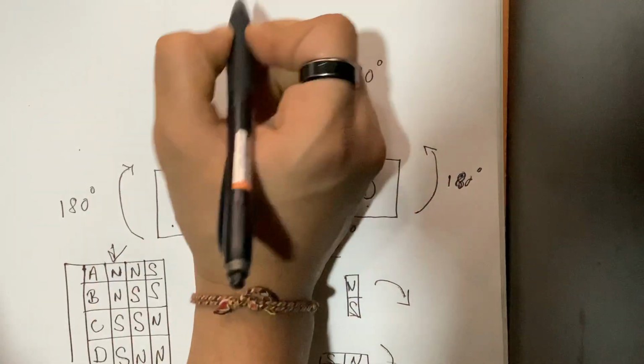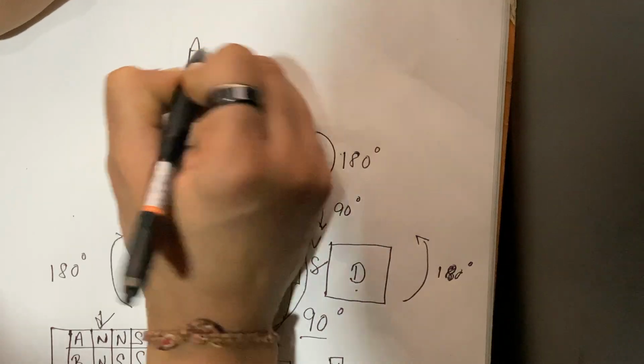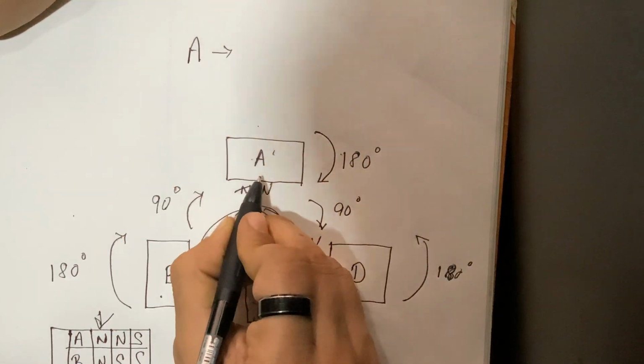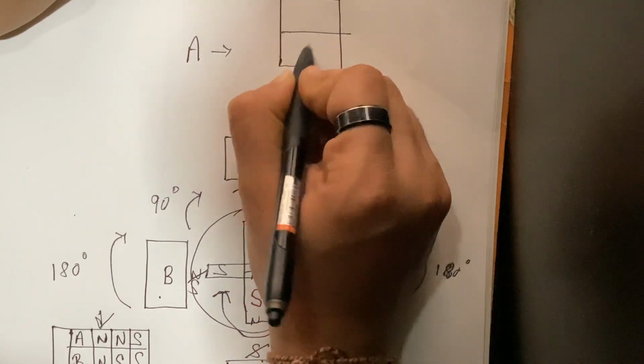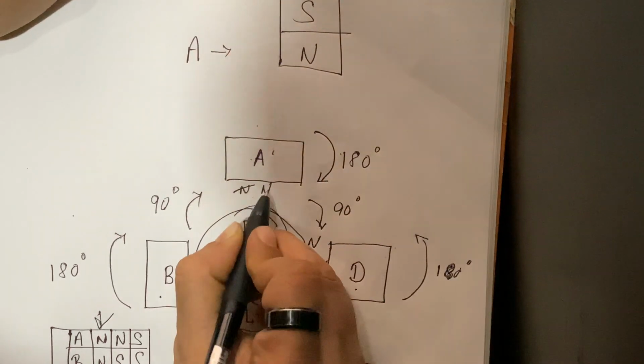Basically, if I were to draw A, it would look something like this. This is north, this is south, initial position.